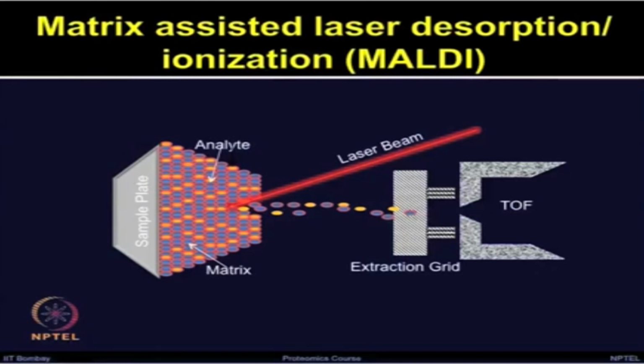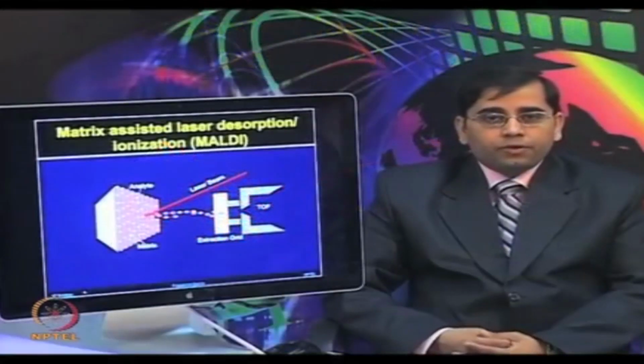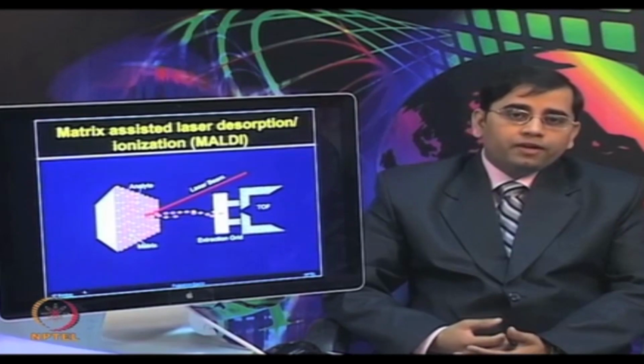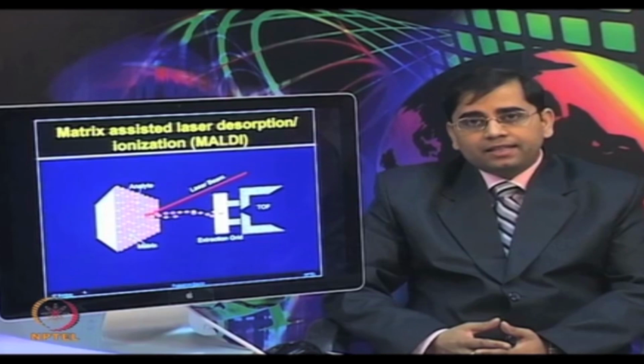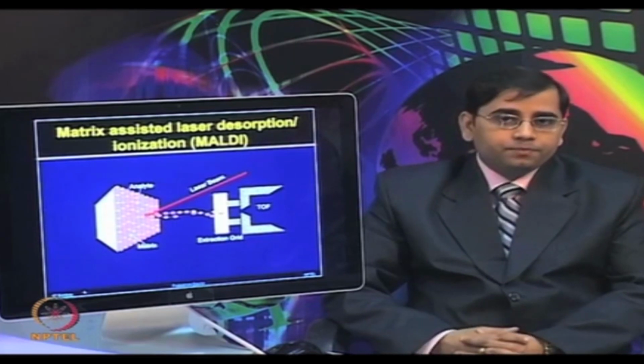So, the analyte, or the proteins of interest, are mixed with the matrix, which is usually an aromatic compound. There are various types of matrices available, which we will talk about in more detail when we come to sample preparation and matrix selection. But just for your reference, we can use 2,5-dihydroxybenzoic acid, we can use sinapinic acid, and there are several other choices.